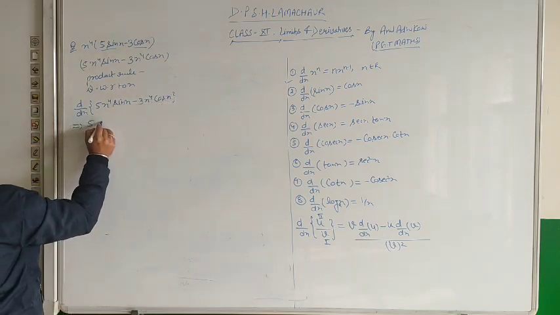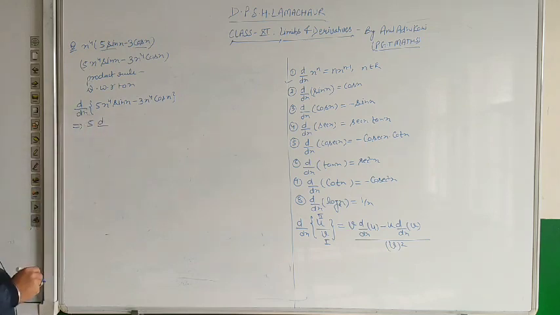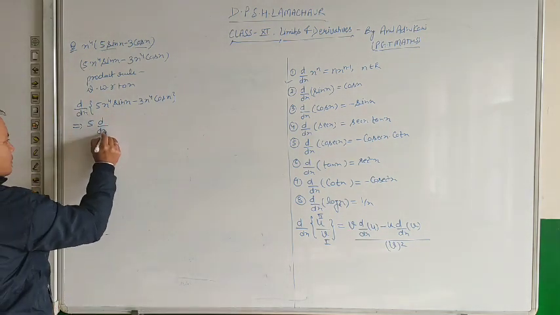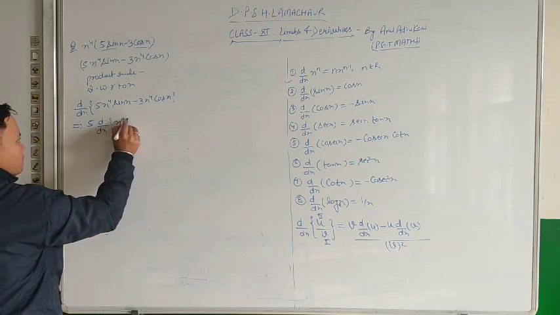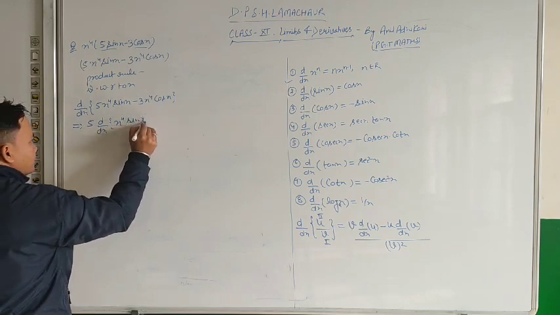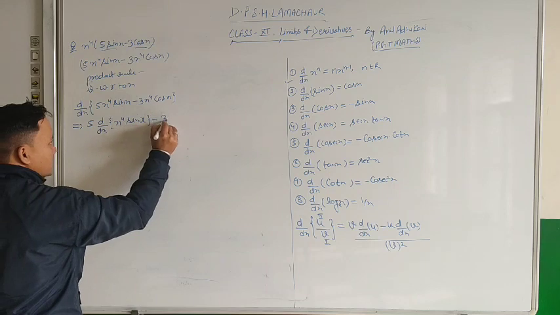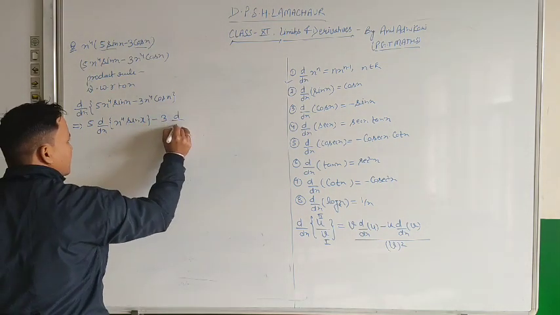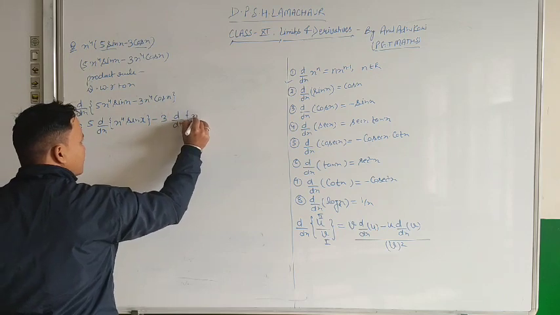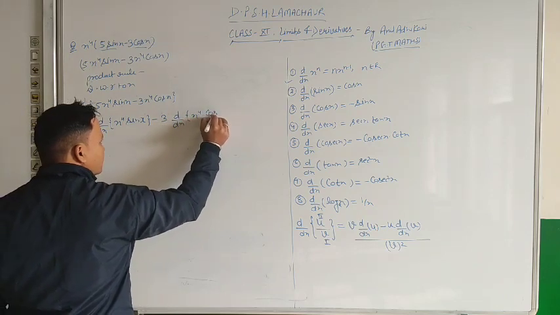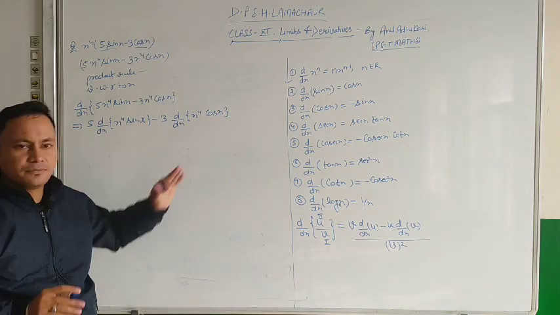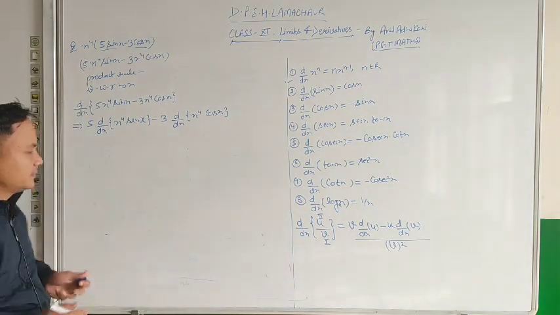Since 5 is a scalar quantity, you can take it out. So, 5 times d by dx of x to the power 4 sin x, and minus 3 is also a scalar quantity, so take it out, and d by dx of x to the power 4 into cos x. Now, classify the functions here as first and second function.